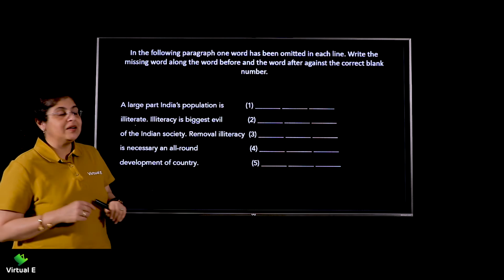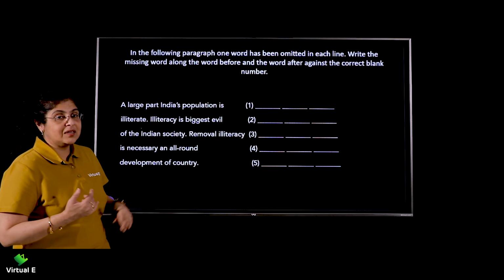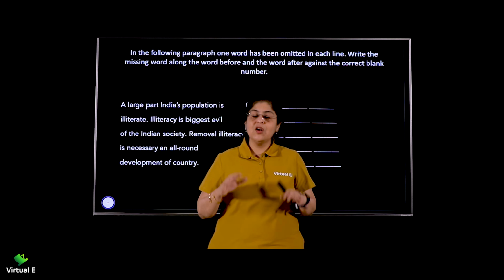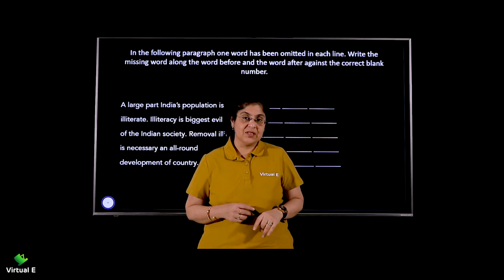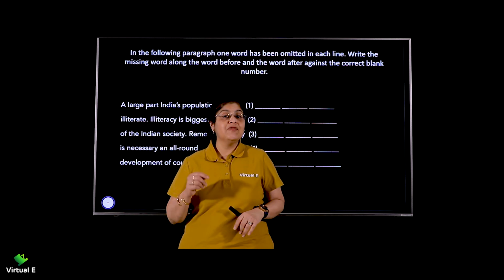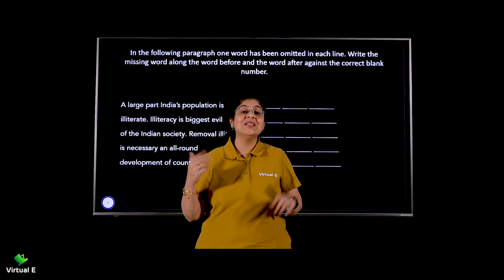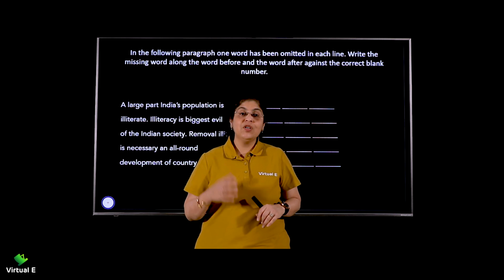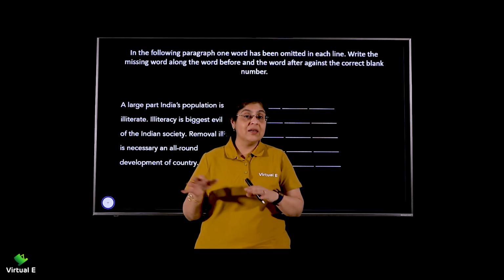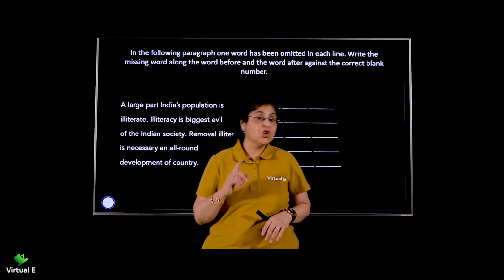Now you must be wondering that here you have articles, prepositions, tenses all mixed, but this is how it takes place. You will not get only prepositions. Even though prepositions are a major part of it, you have to make sure that you know all of them. This is integrated grammar. You will not get it topic wise like you are habituated to till grade 8. But not any longer.